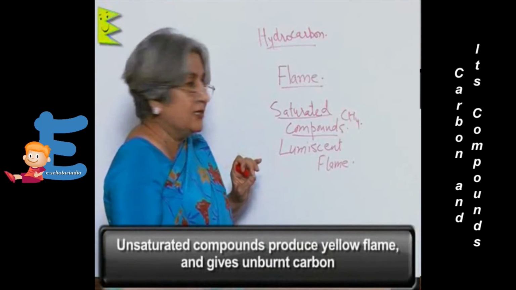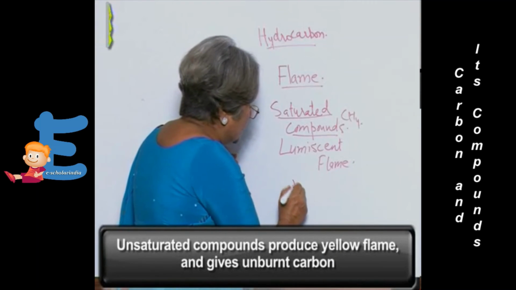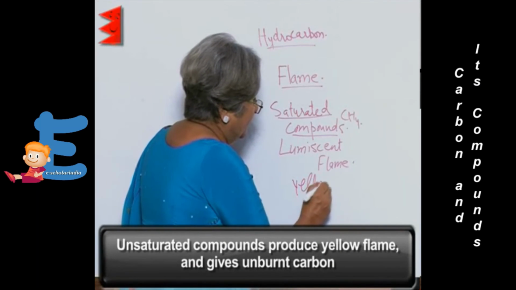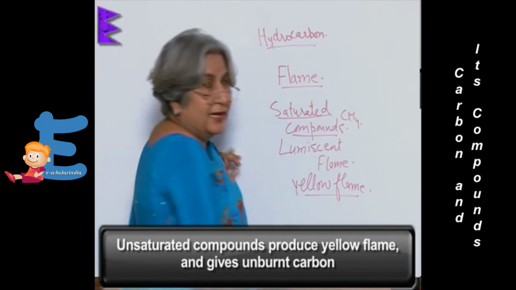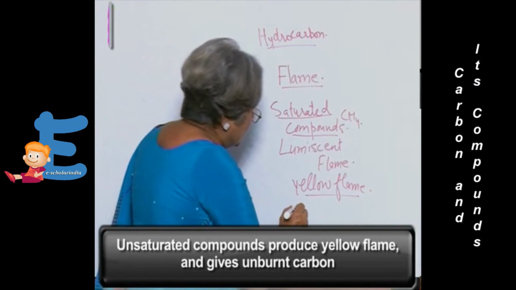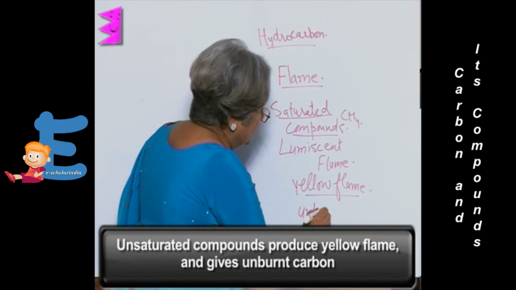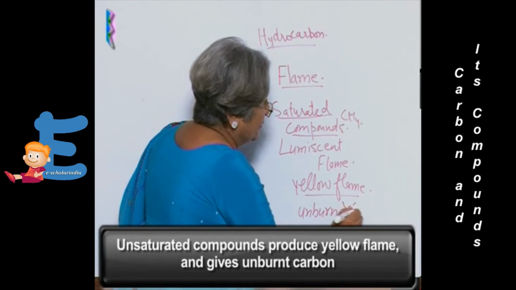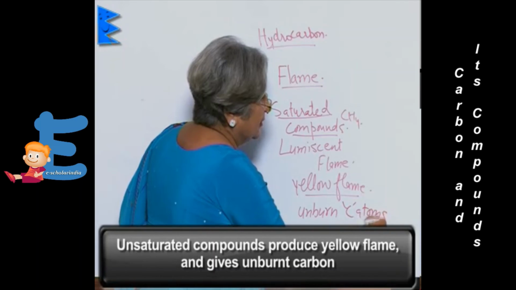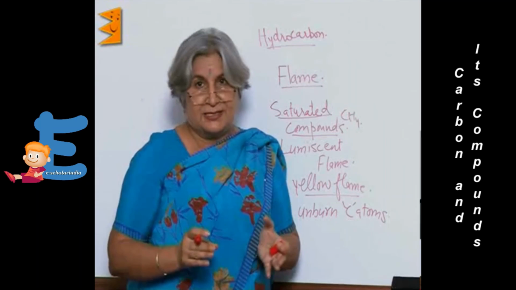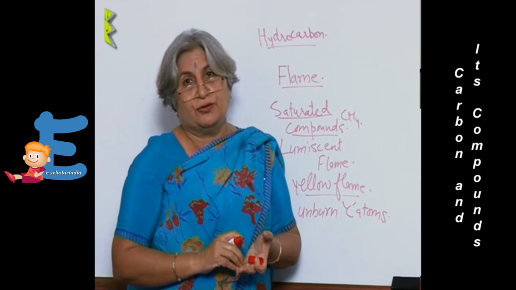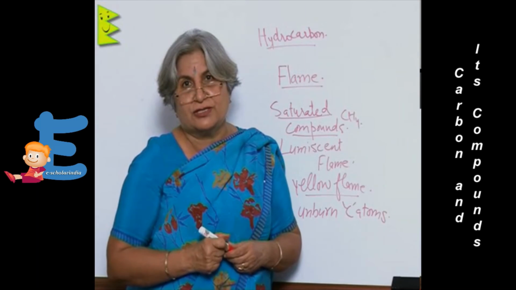But the unsaturated compounds produce a yellow flame. And the result is that it produces unburnt carbon, and that is why it turns black. But not necessarily. It can also be due to insufficient supply of oxygen.